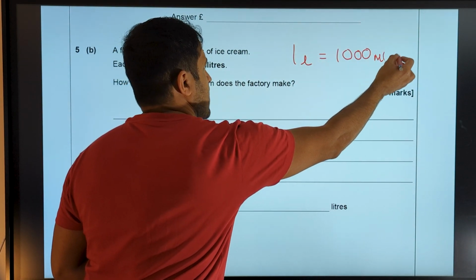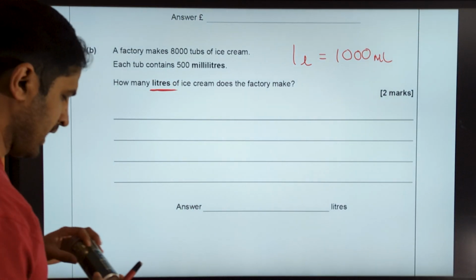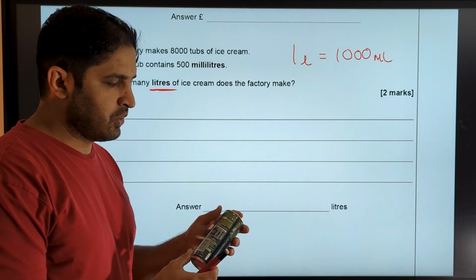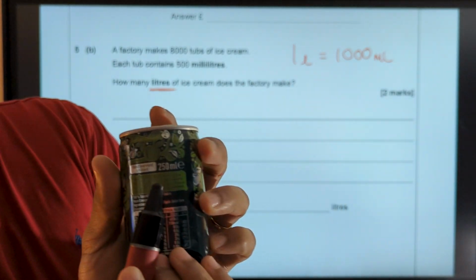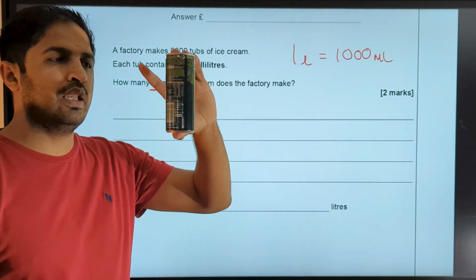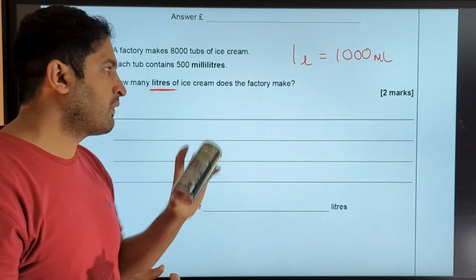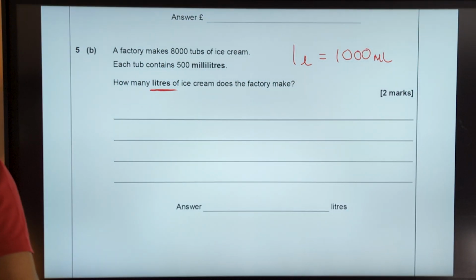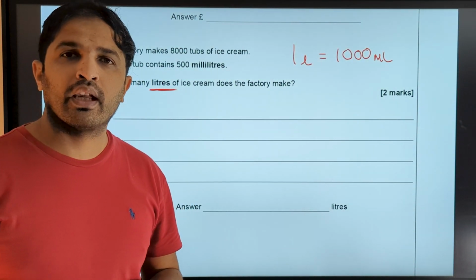1000 milliliters. Again, how do we know that? If you drink any of the soft drinks, they do have these things. 250 milliliters, small can. Can of Coke will have 330 milliliters.